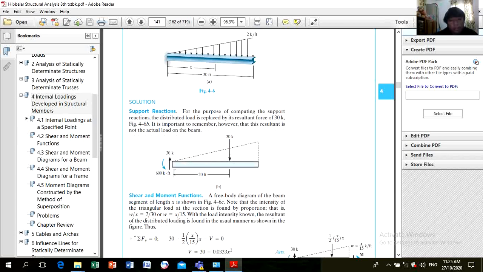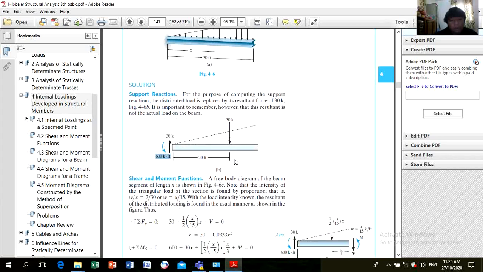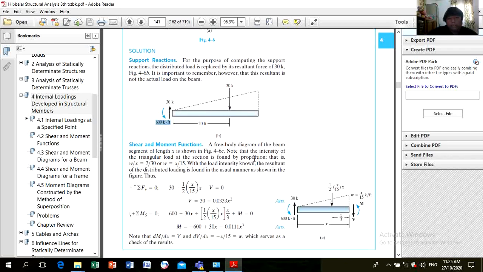Therefore, the support reaction here is 30. How about the moment? Get the summation moment at this fixed support. Assume any direction, clockwise or counterclockwise. So 30 times 20 is 600. So this is the moment.